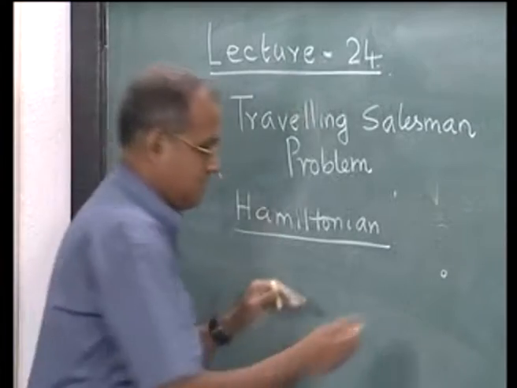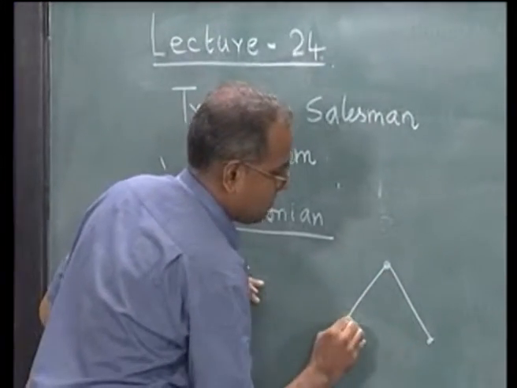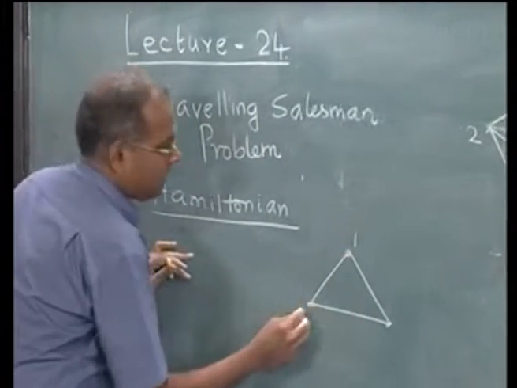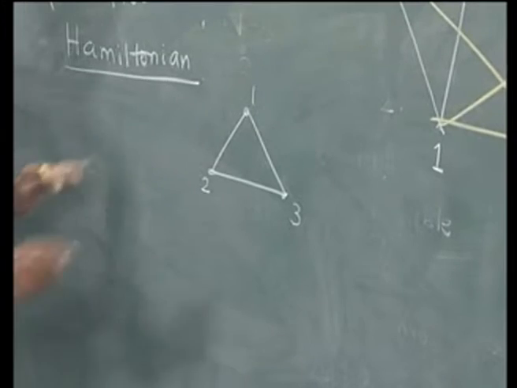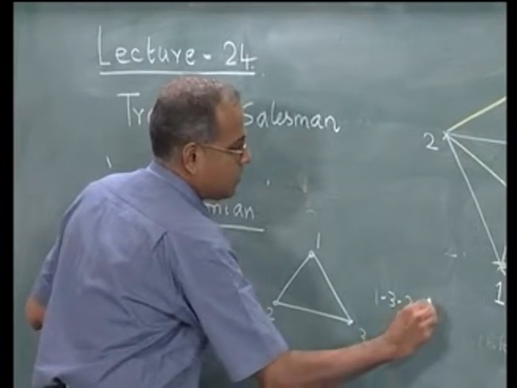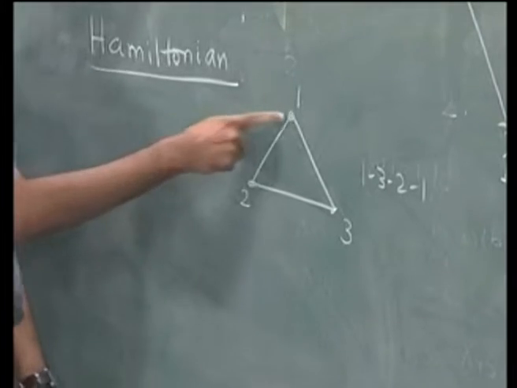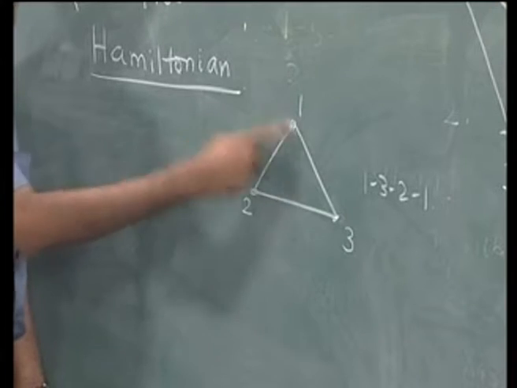So, if we look at a graph like this with 3 nodes and 3 arcs, now it is possible to find a subgraph which is 1 3 2 1, which means from 1 I go through every vertex once and only once and I come back.